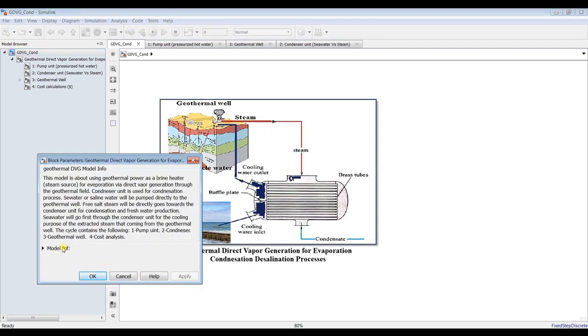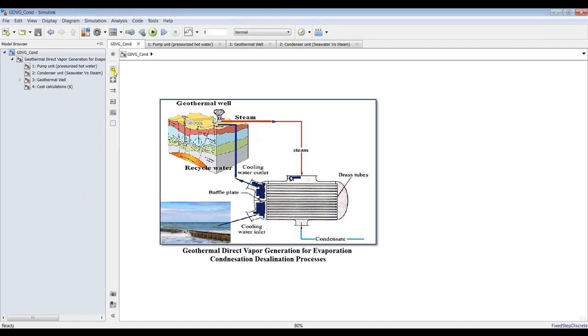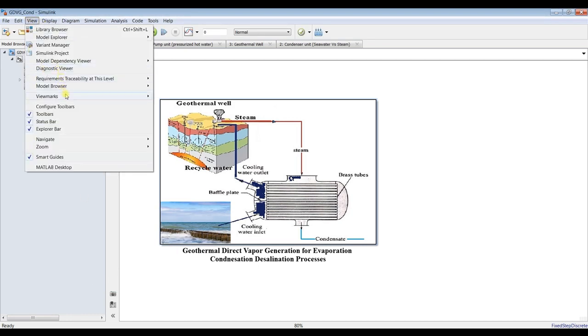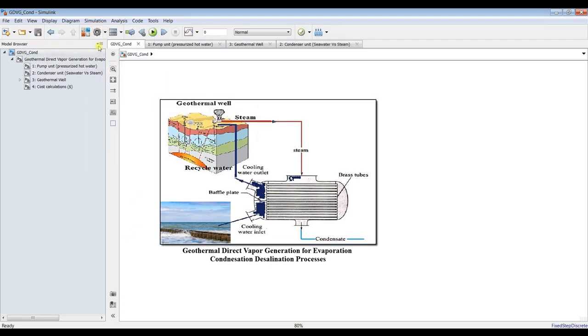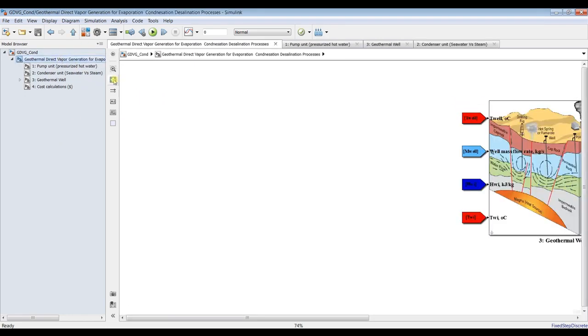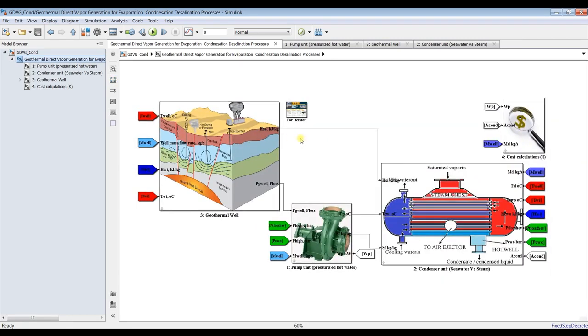For model information, you have to go to your model browser and check this here. Now this is our cycle. You have to click here. This is our cycle. It's simple, direct, and concentrated.